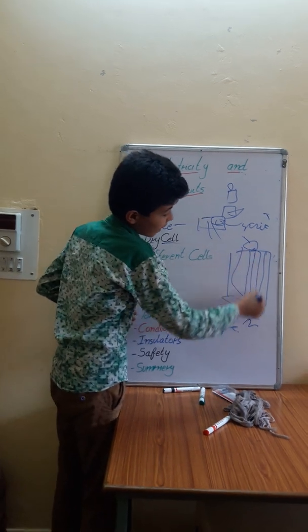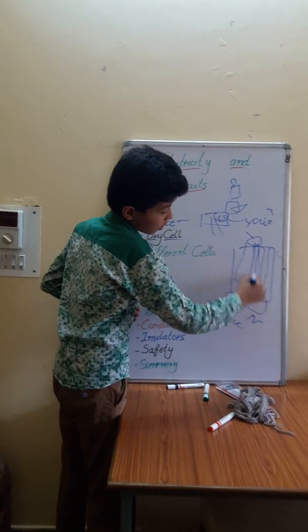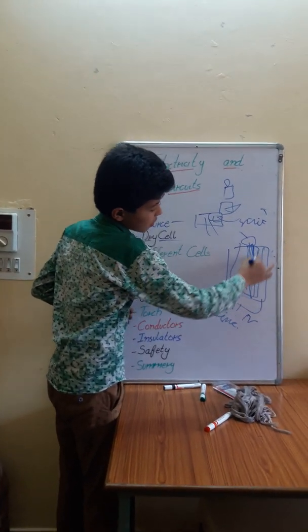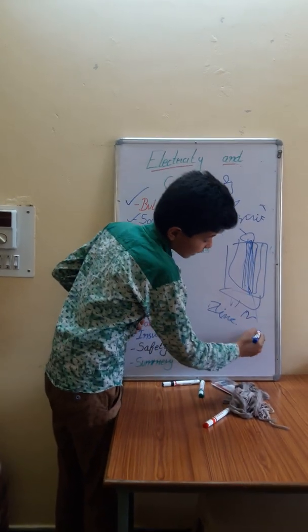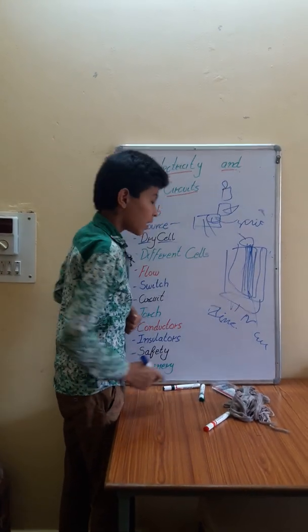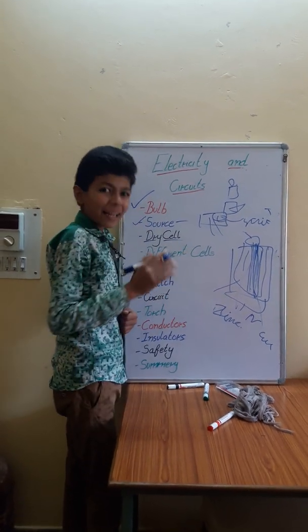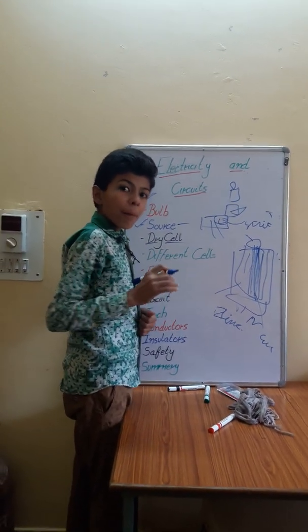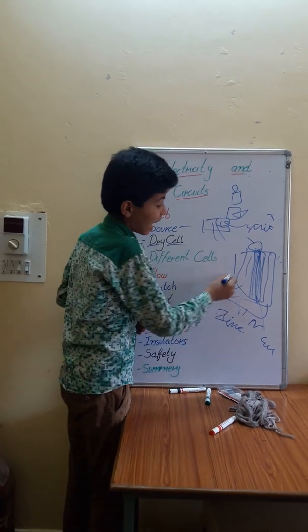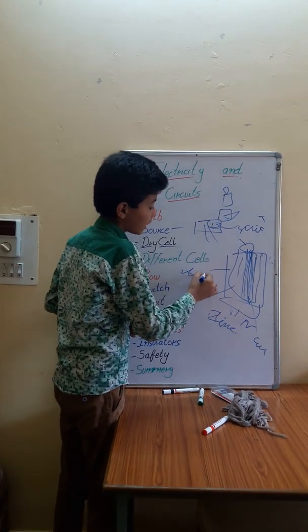Now this black rod in between is made of carbon, and outside this is powdered manganese oxide, and outside is ammonium chloride.